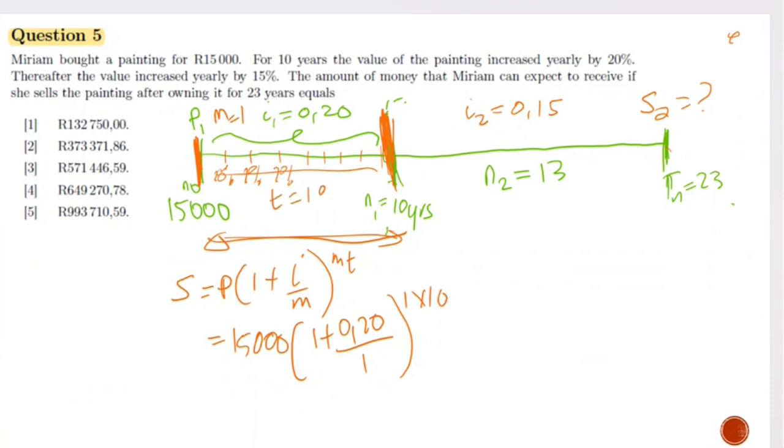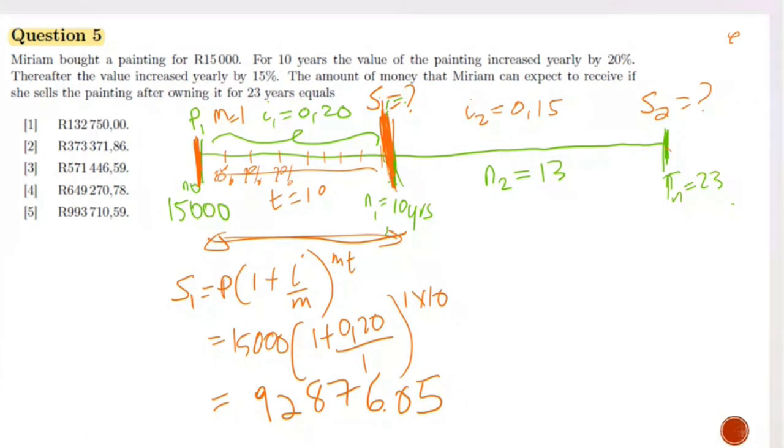You plug this into your calculator, and we are calculating for our S1 here. So your S1 is going to be 92,876.05. That is the final value here.